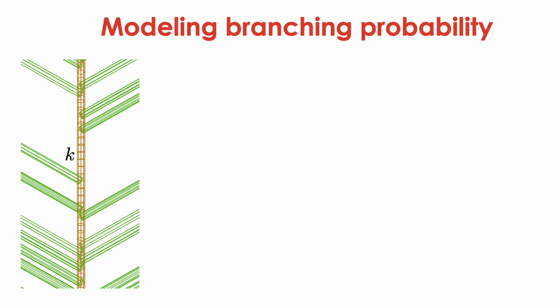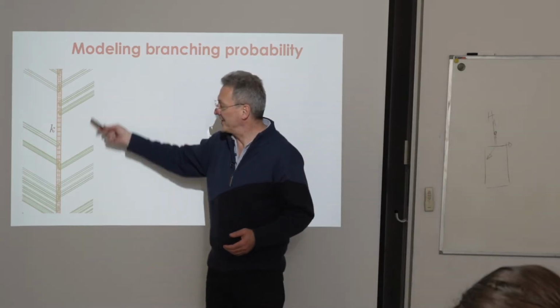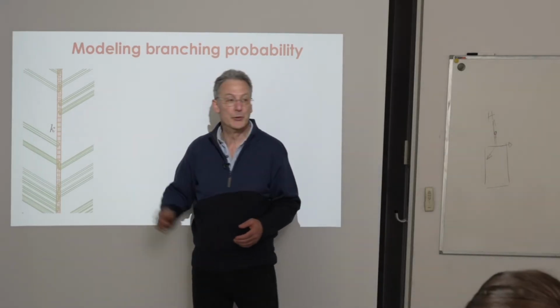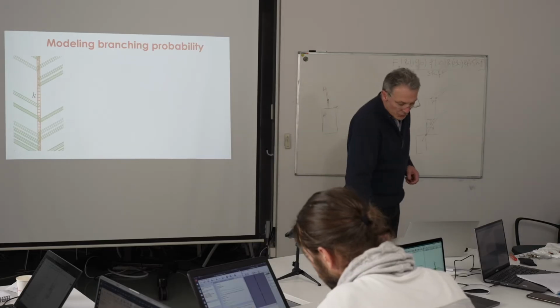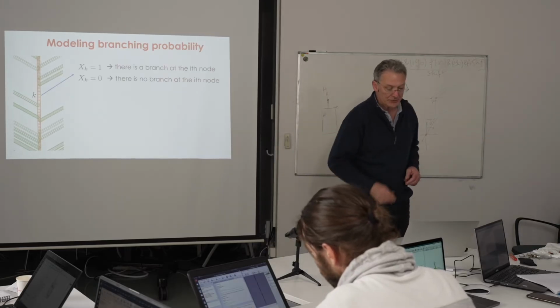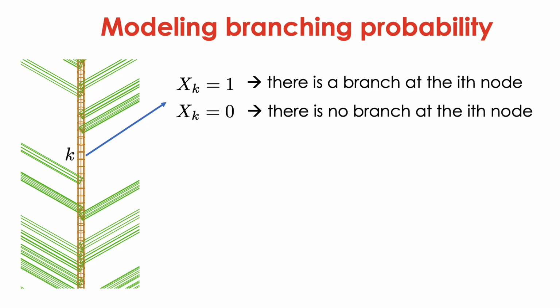So, let's set up the problem. Imagine that I am on a stem and I am at a node k. The question is whether on this node I will see a leaf. Let's say that the lateral green stuff are leaves. It could be branches as well.